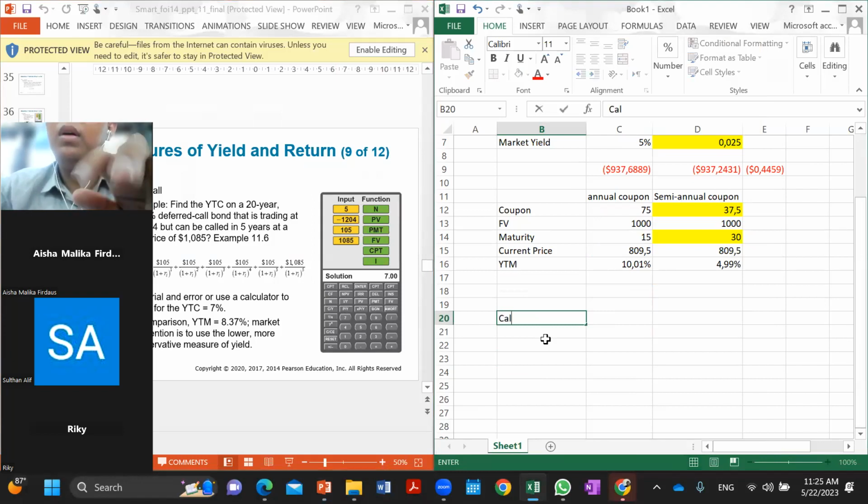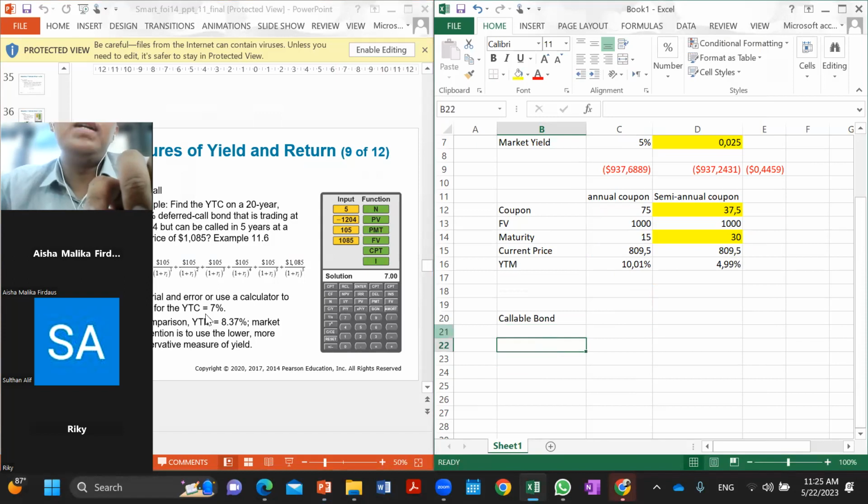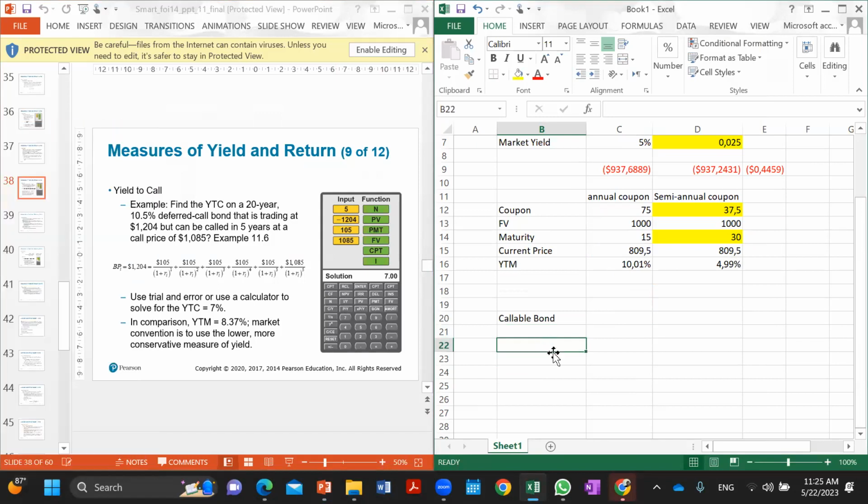So, callable bond. First, what is the face value? The face value, not called, is 1000. But when they use this feature, the face value will be 1085.